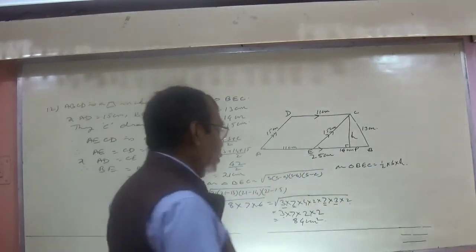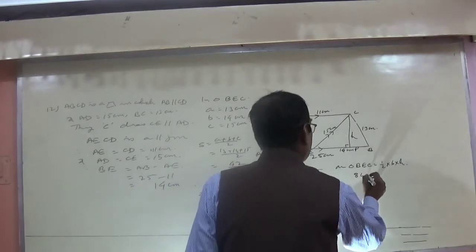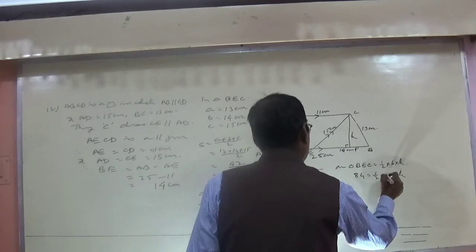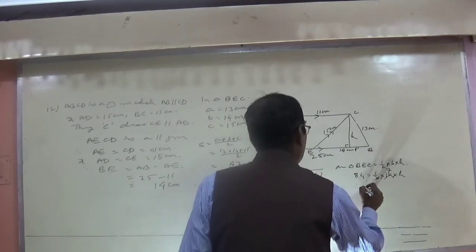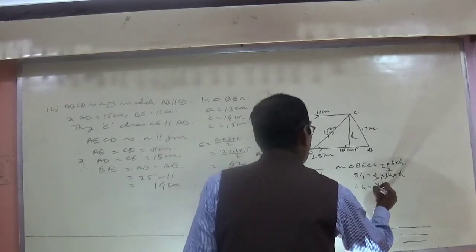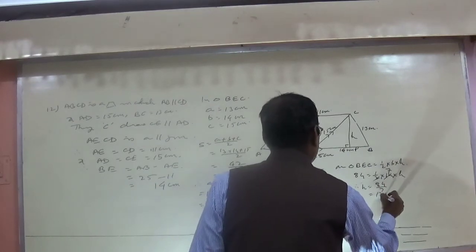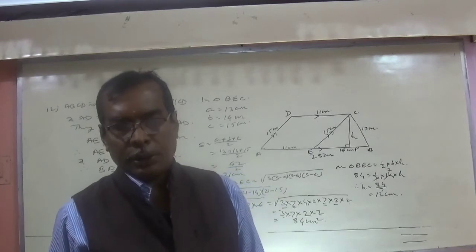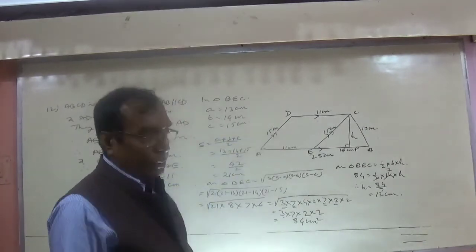Area of triangle BEC you have got as 84, which is equal to half into base 14 and height we do not know. It is 7h. So therefore h is equal to 84 by 7, 12 centimeter. So I am finding height is equal to 12 centimeter. So the height of the trapezium you have got.